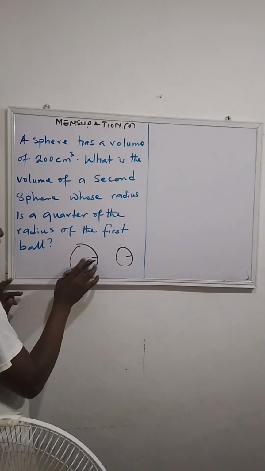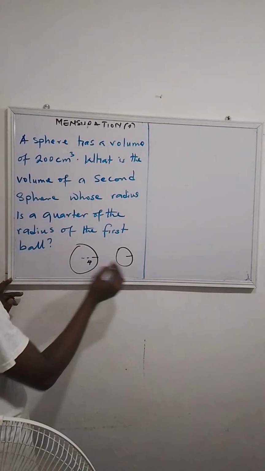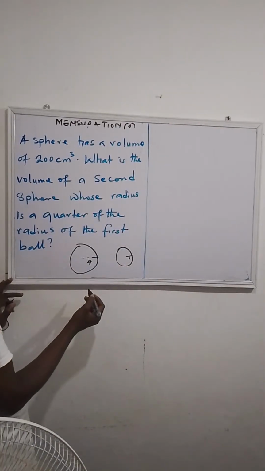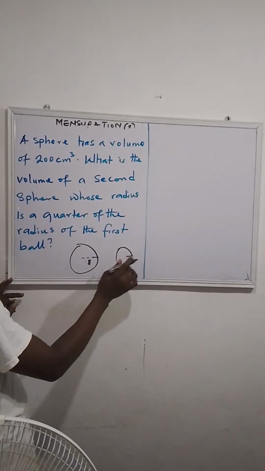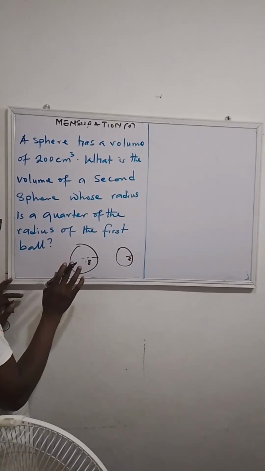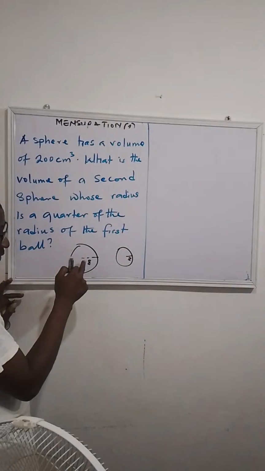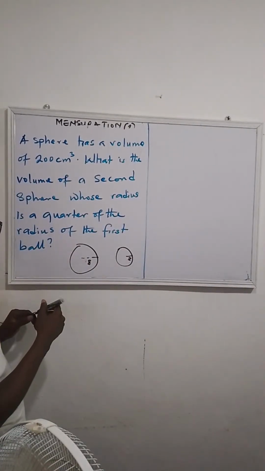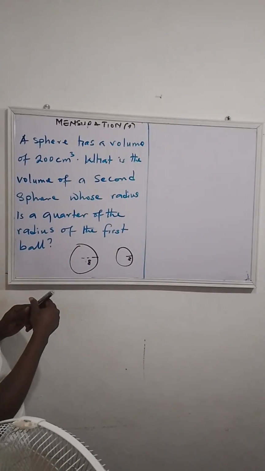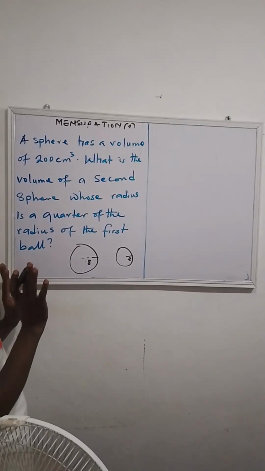That is to say, if this one is 4, this one is going to be 1. If this one is 8, the radius here is going to be 2. So whatever you have as radius here, divided by 4, is going to be the radius of the second one.